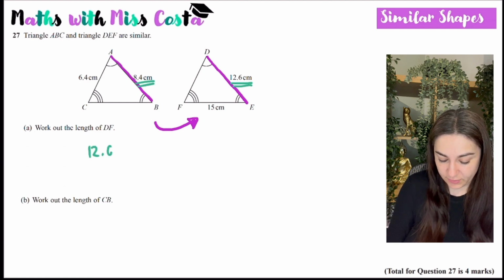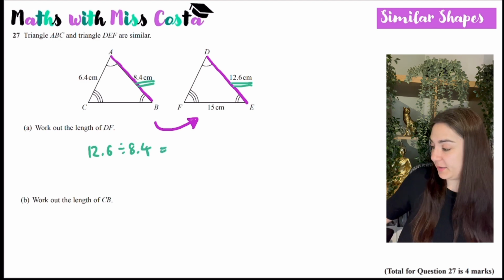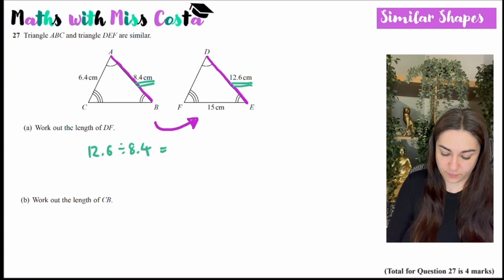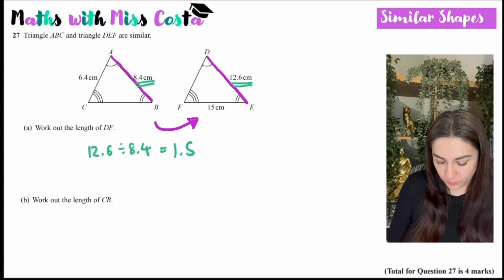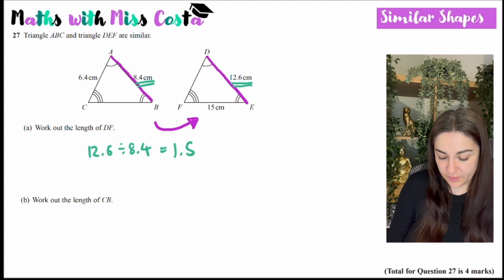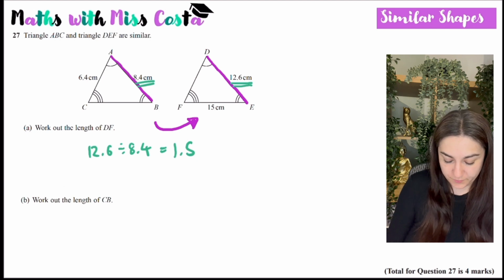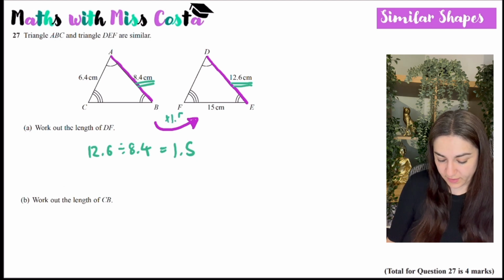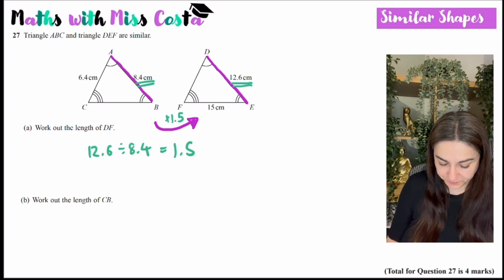So I could do 12.6 divided by 8.4. This is going to tell me the scale factor. So 12.6 divided by 8.4 is 3/2. So that's 1.5. So I know that this triangle is 1.5 times larger.